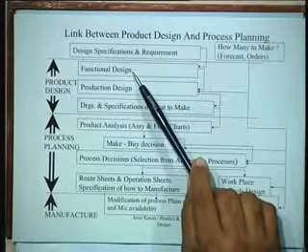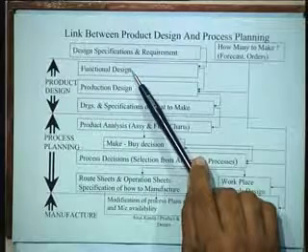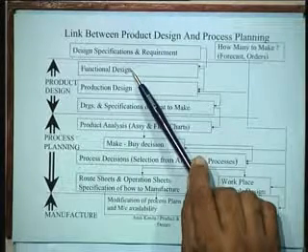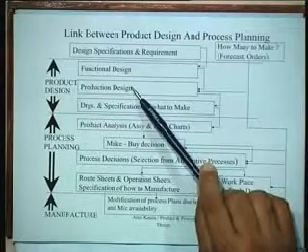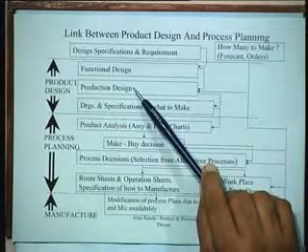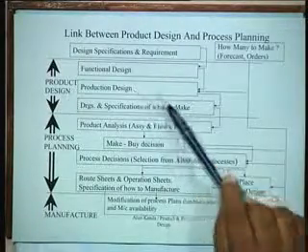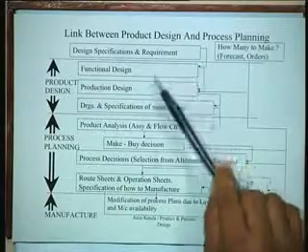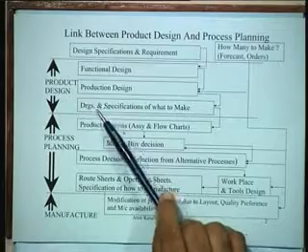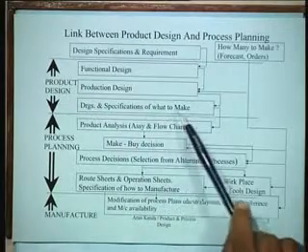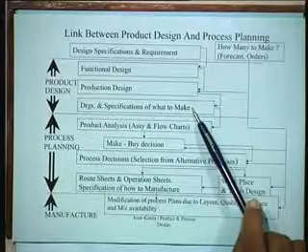A functional design of the product is one which focuses primarily on the function that the product performs, and then we talk about the production design, where aspects of ease of production are taken care of, and ultimately, as a consequence of this entire exercise, the output of the product design division is to get drawings and specifications of what to make. So that's what it generally is.